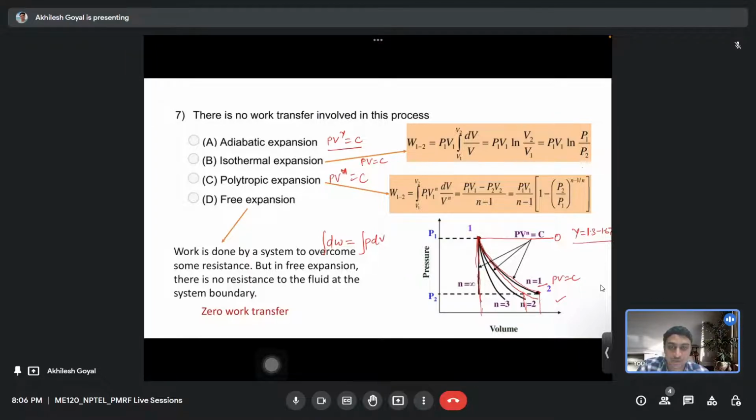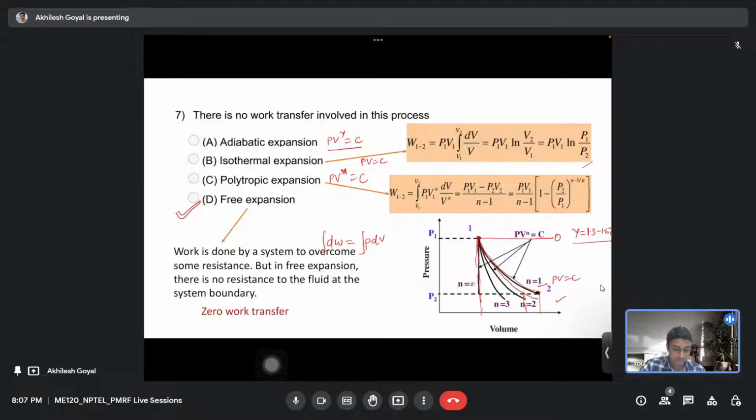As the resistance is not present, there is no work involved, and work transfer is zero. So out of these four expansions, only free expansion has zero work transfer. So option D is the correct option.